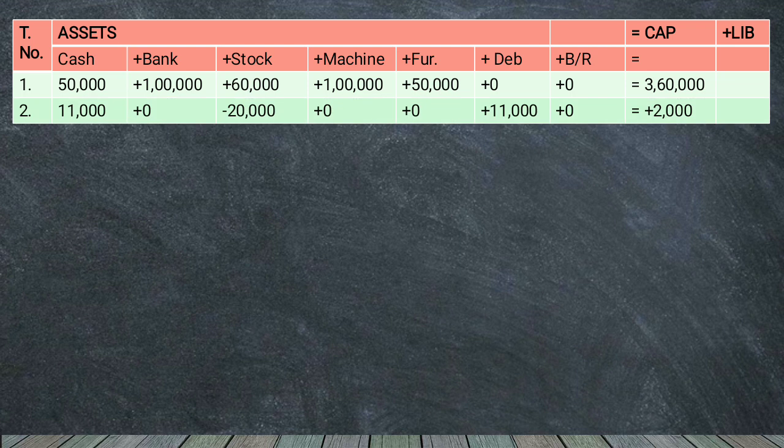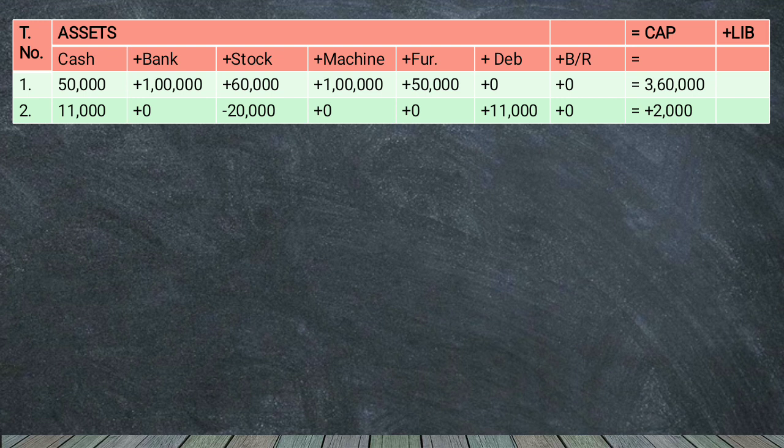Next, the second transaction. In the second transaction, which was a very important one, we have sold 1/3 of the available goods. You can see in the first transaction we have goods worth rupees 60,000 and we have sold 1/3 of it. 1/3 of those goods will be 20,000, and we have sold them at a profit of 10%, and 10% of 20,000, that is 2,000, is your profit, and this profit will increase your capital.